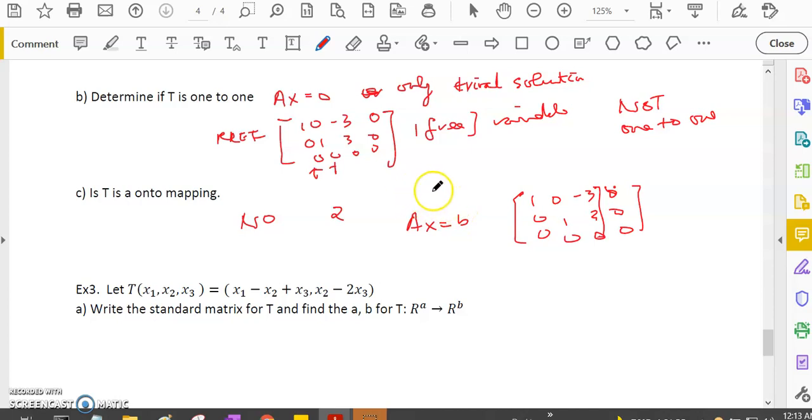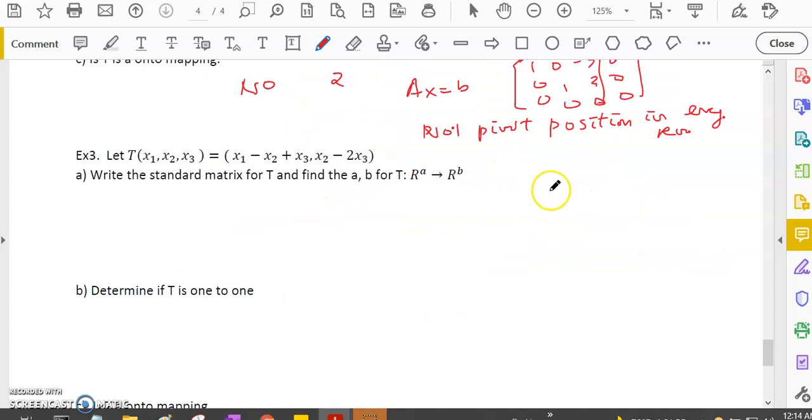For 1 to 1, you look at the column. There is one free column.